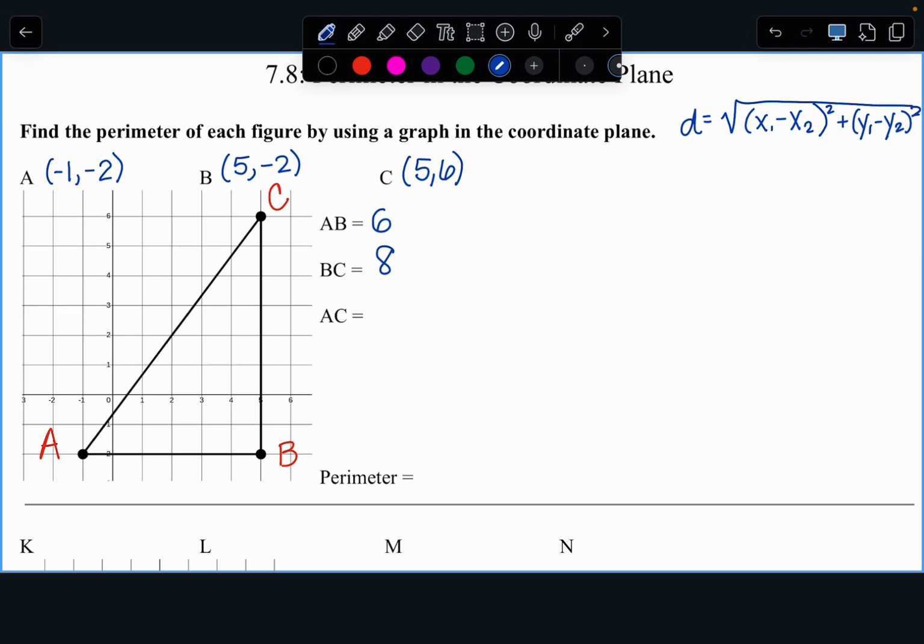So again, A to C, we need to use the distance formula. So x value for A minus the x value for C squared plus the y value for A minus the y value for C squared.